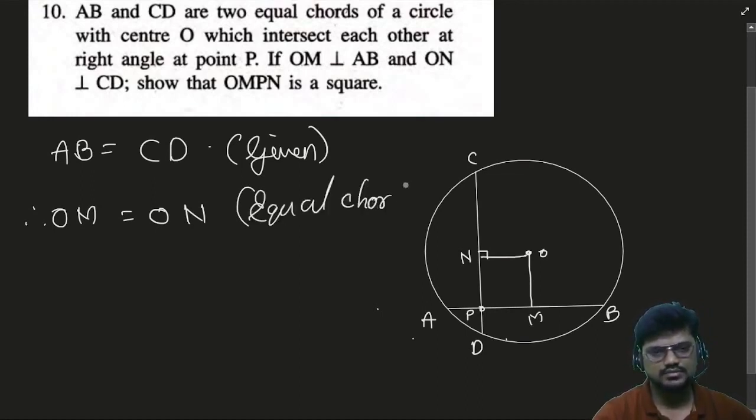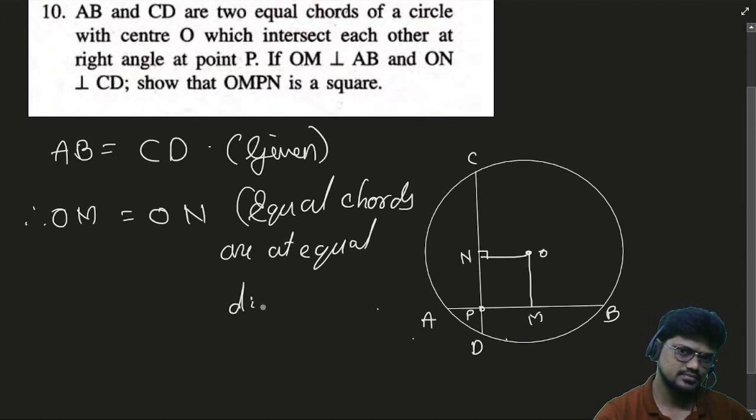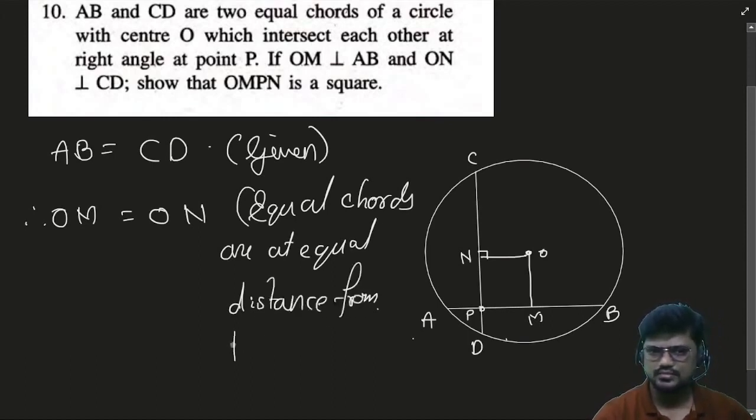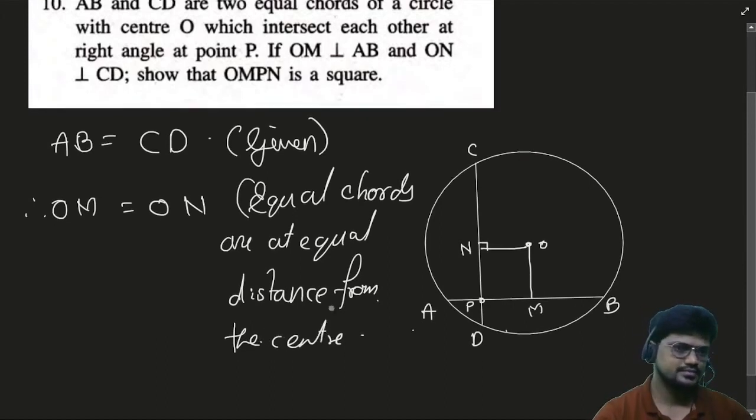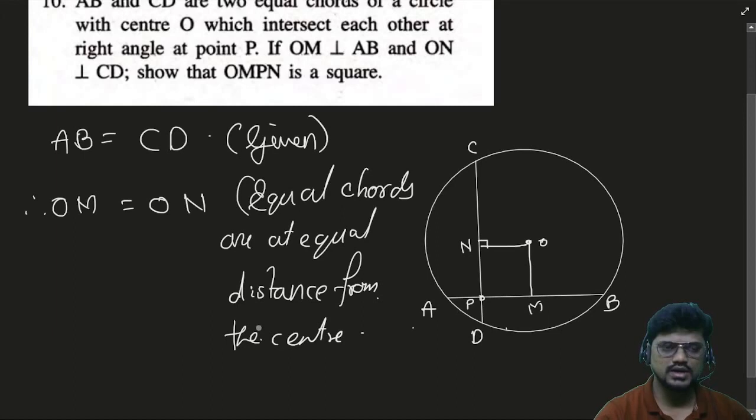Equal chords are at equal distance from the center. Fine. Equal chords are at equal distance from the center. OM is equal to ON.